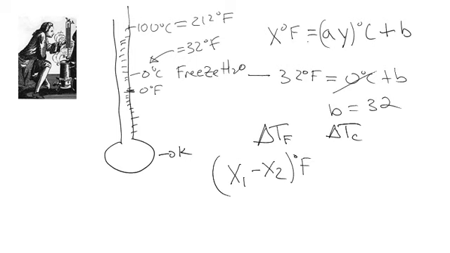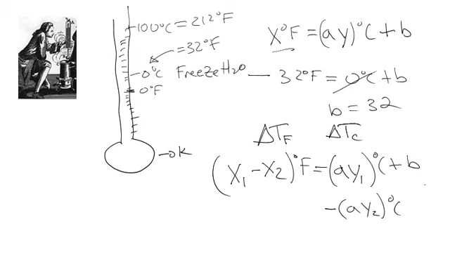and then we do the same. So we subtracted the left side here from itself, and then we also have a y1 and a y2 on the right hand side. So we have something like a y1 degrees Celsius plus b, and then minus a y2 degrees Celsius, so minus b.